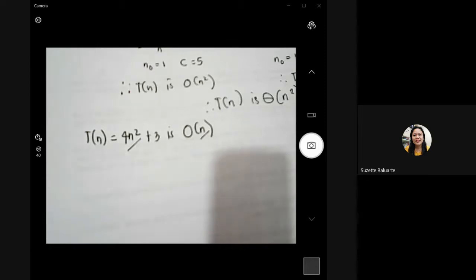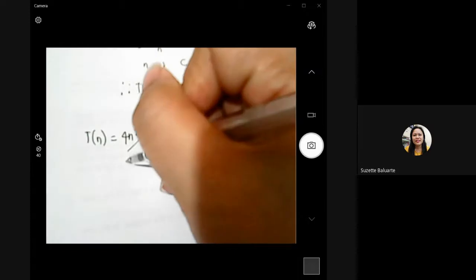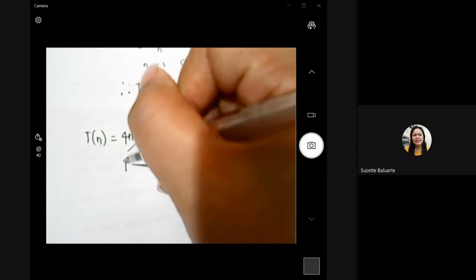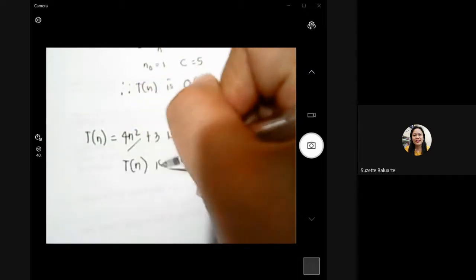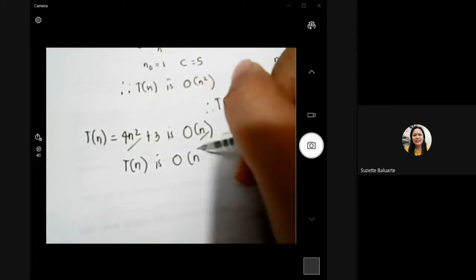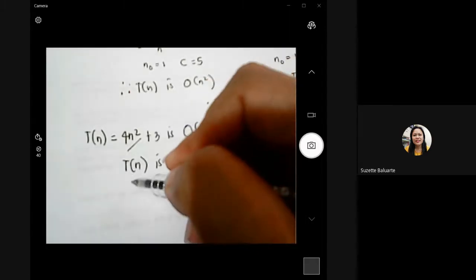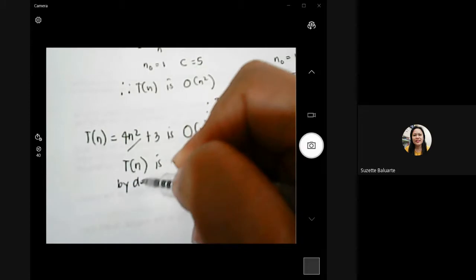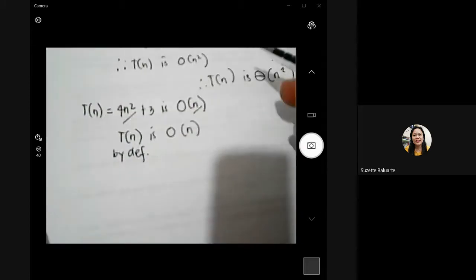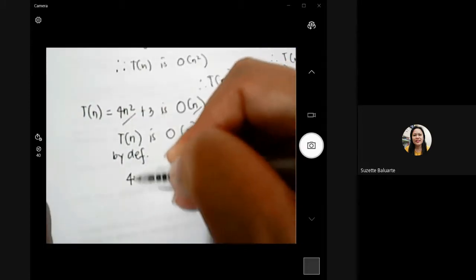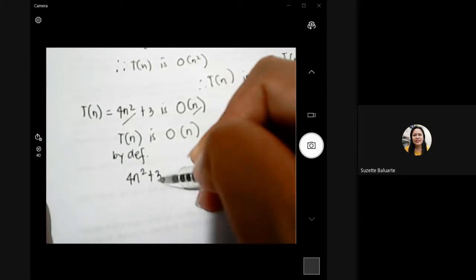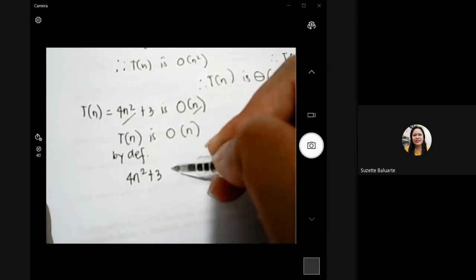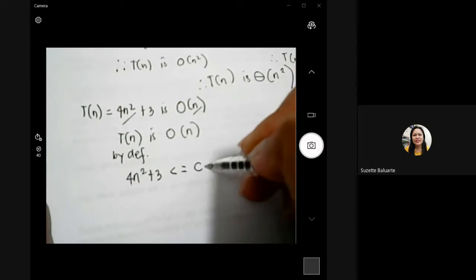So, T of n is big O of n. Again, your T of n is by definition, no? So you will say 4n squared plus 3 is less than or equals to C of n.